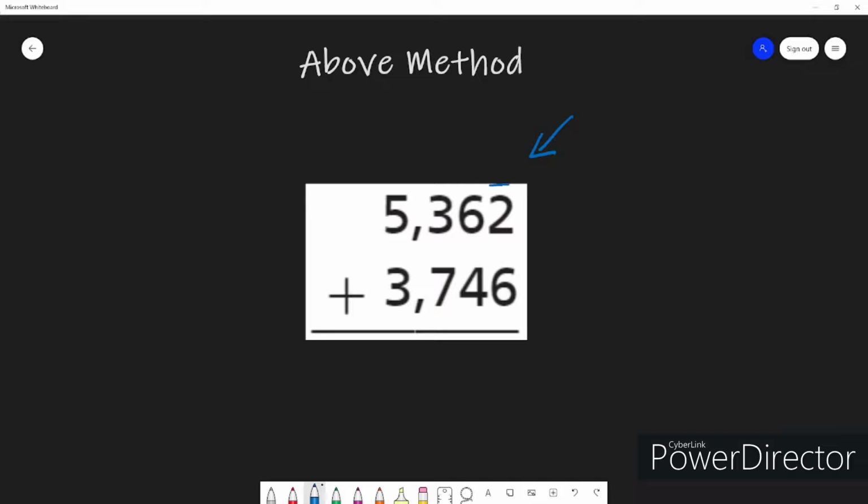So 2 plus 6 equals 8. And remember, we always go right to left. Going on into the tens position, as I'll put an arrow there, is 6 plus 4 equals 10.